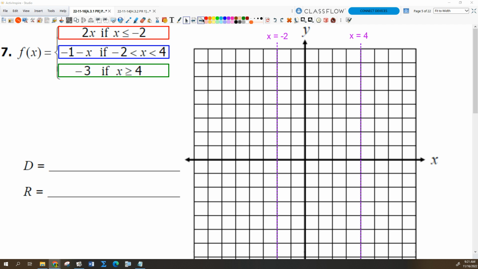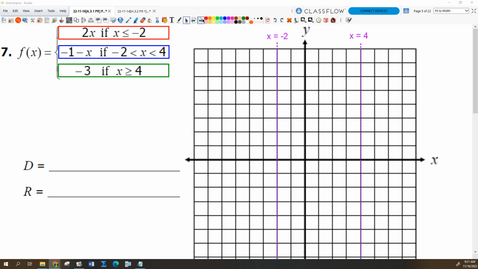They're just there to help us organize what's going on. Here we've got a vertical line at x equals negative 2 because everything less than or equal to negative 2 is going to be the red region. Here we've got one at x equals 4 because between those two x values is where we're going to graph the blue line. And then to the right of x equals 4, we're going to graph the green line.